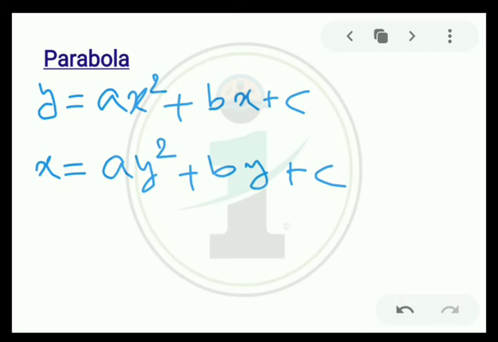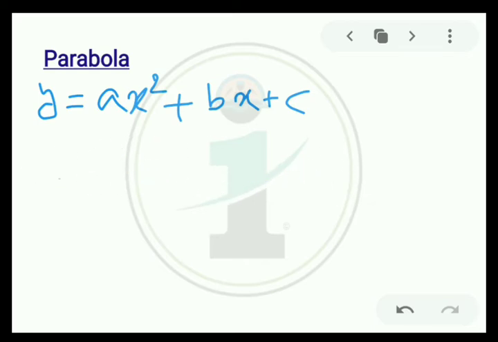So these equations can be converted into a form like, let us erase this form, and we can rearrange this expression like this.